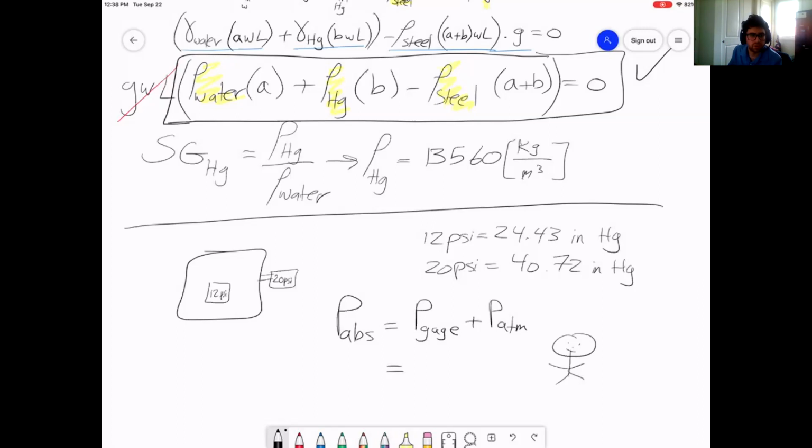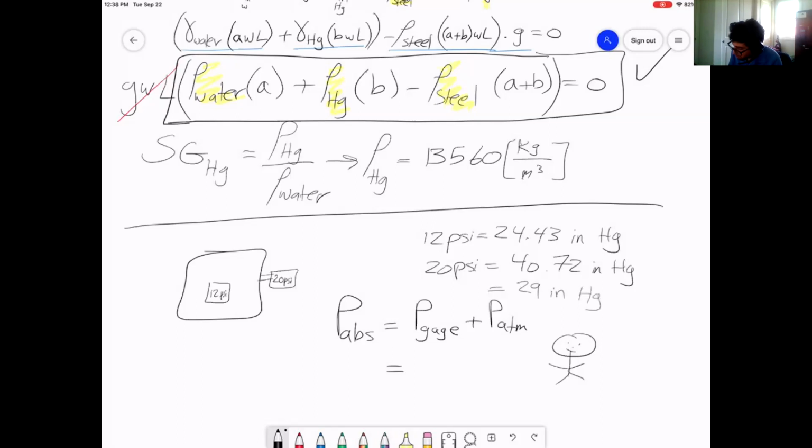If you can pull up the problem and tell me what the barometer reading is. It says an aneroid barometer reads 29 inches of mercury.